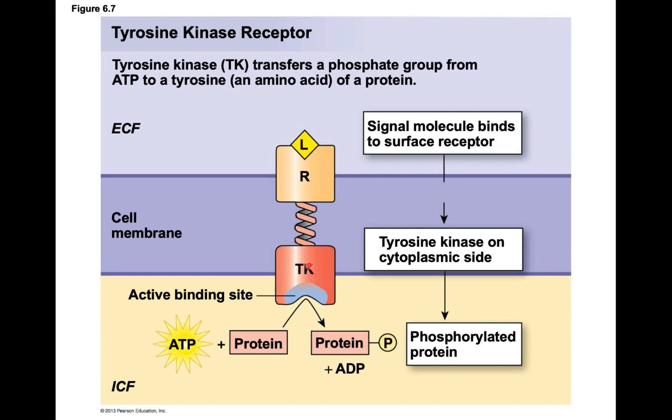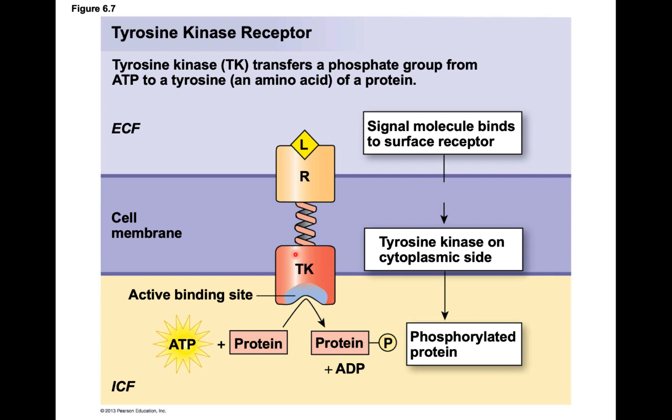When you activate tyrosine kinase, its job is to take a protein and an ATP and phosphorylate that protein using that ATP. Now, if you recall from one of the first PowerPoints we went through, ATP is adenosine triphosphate. It has 3 phosphate groups on there.